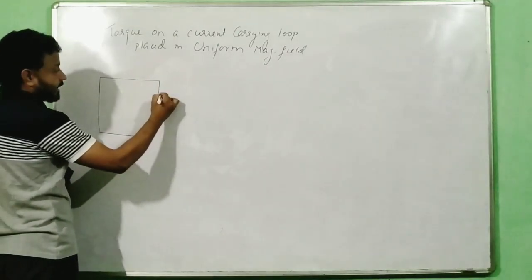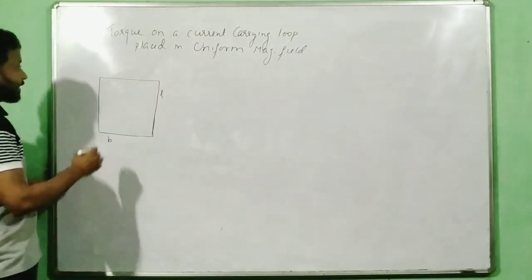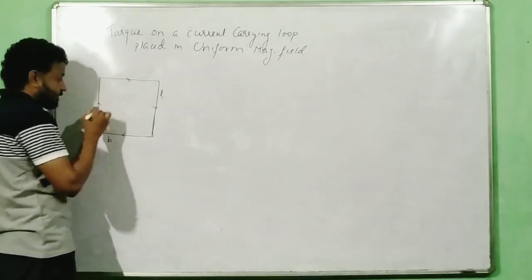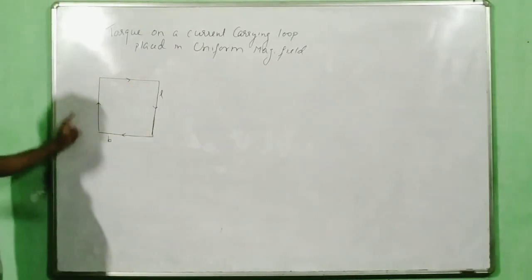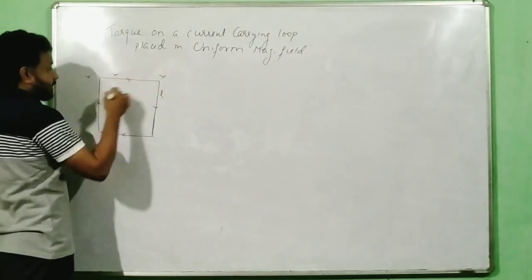So this side length is L and this side length is B. Let us say it is having a current. So let us say this is the current flowing in the circuit, and now this is being placed in a magnetic field.